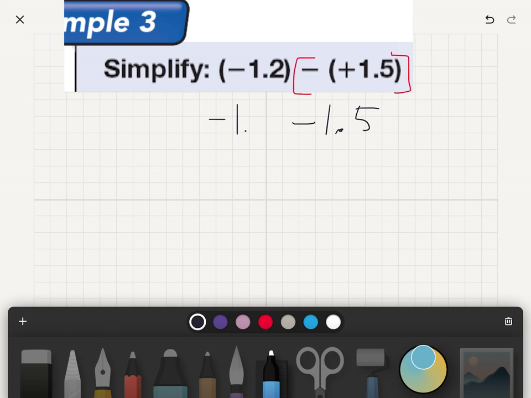As we said before, if we're combining the value of two negative numbers, we are essentially adding the value of them together, but then we're going to slap a negative sign on it. Ta-da! And we're done. Not too tricky, right? Okay.